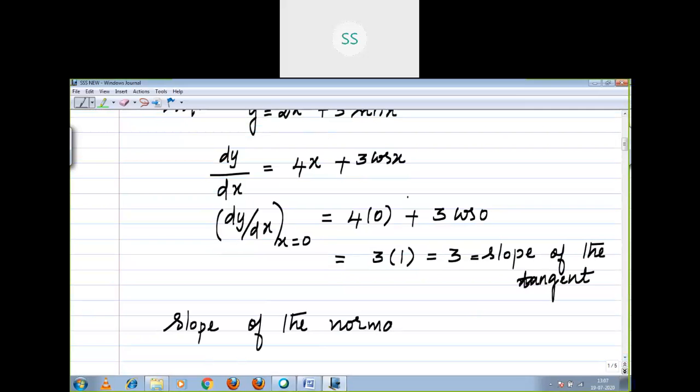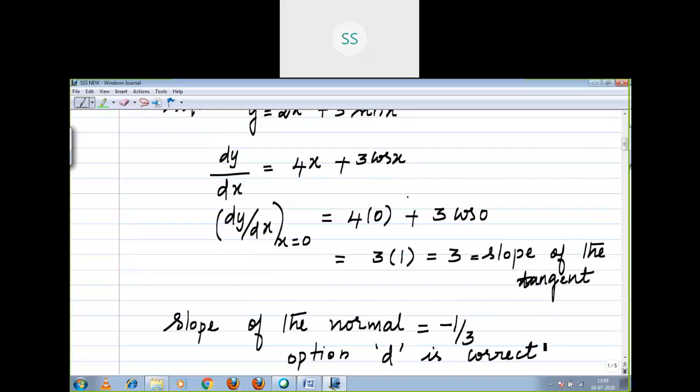Slope of the normal is equal to reciprocal, so 1 by 3, then opposite sign. There it is positive, so it is negative. So which option is correct? Option D is correct.